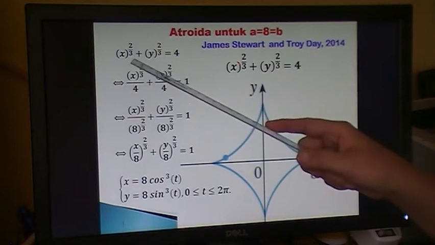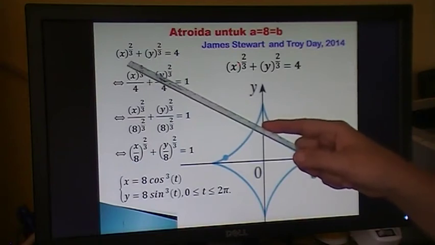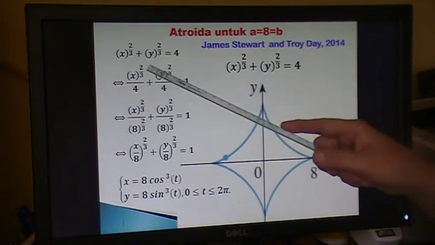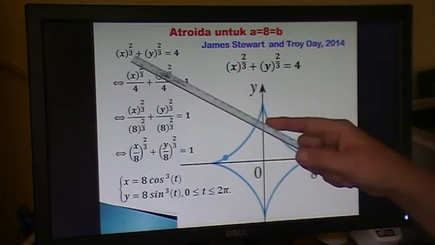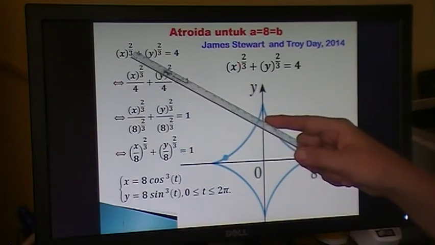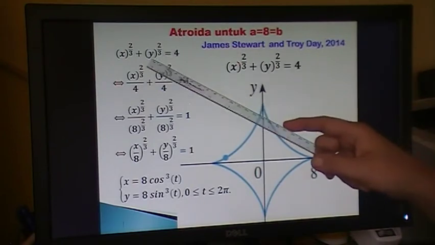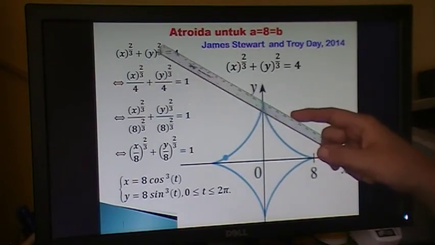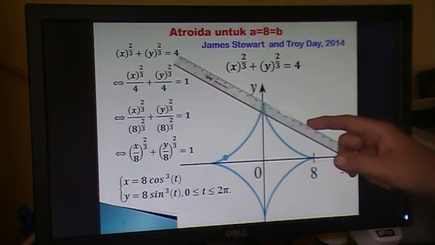The equation of the asteroid can be described in an equivalent way by x to the power of 2 over 3 plus y to the power of 2 over 3 equals 4.